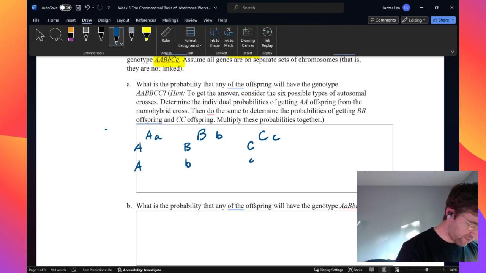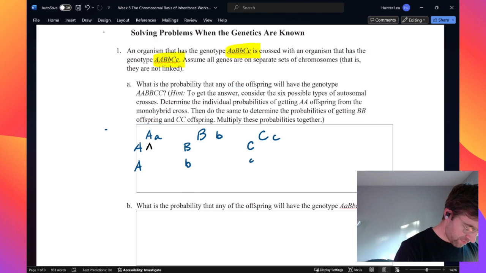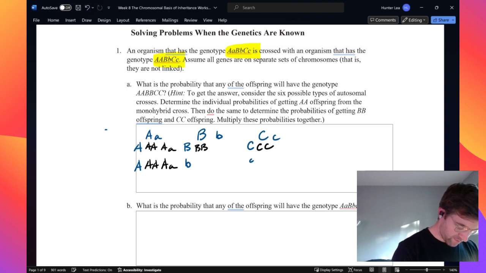I'm going to pick a different color just to keep it coherent. So we've got this cross happening here. You can go all the way across, but we can kind of stop right here because the ones we care about are homozygous dominant for all traits, right?